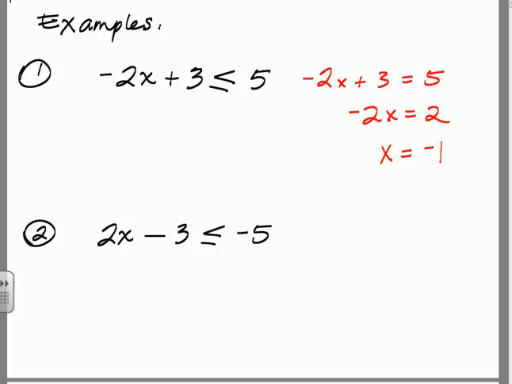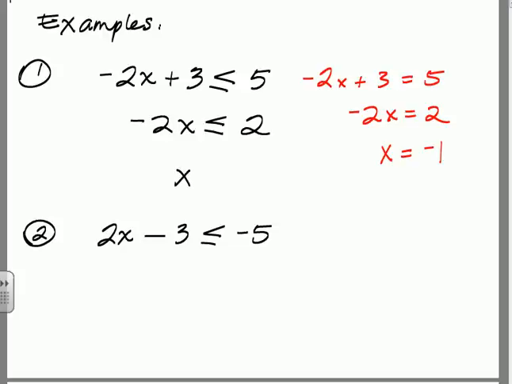So I'm ready to go. To solve this, do the same thing. Subtract 3 from both sides: negative 2x less than or equal to 2. We didn't change the direction because we subtracted. We can subtract all we want; it's not going to change the direction of the inequality. Now, to get that x all by itself, we have to divide both sides by a negative 2.